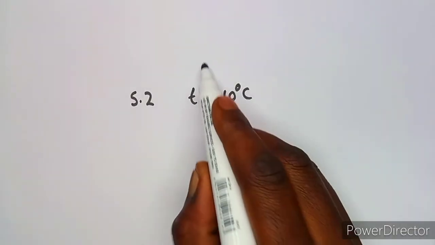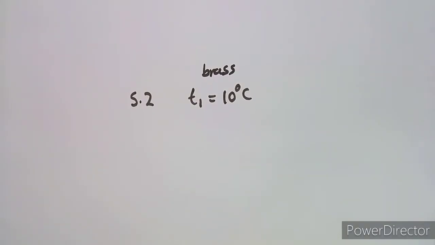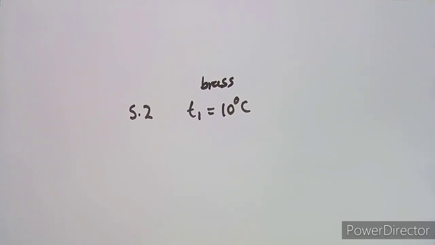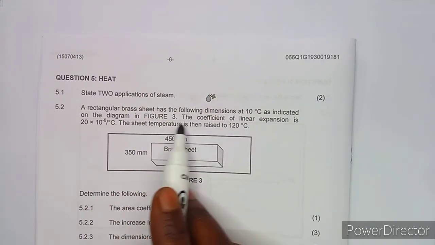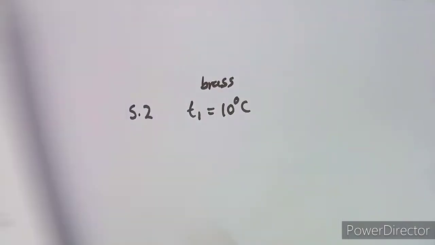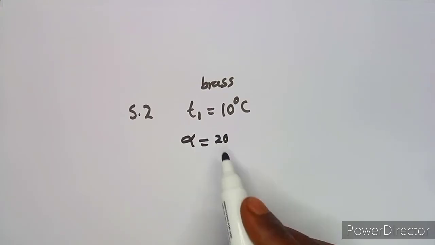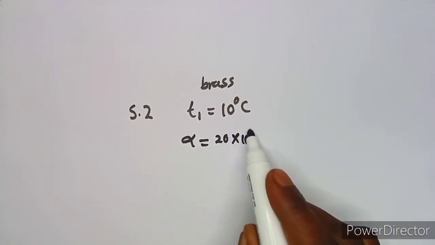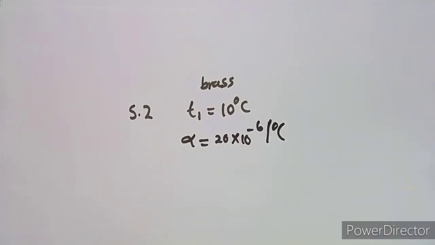Here we are just writing, but we are already given the coefficient of linear expansion, so that's the advantage. So what do we have? We've got the coefficient of linear expansion, which is 20 times 10 to the exponent of -6 per degree Celsius.